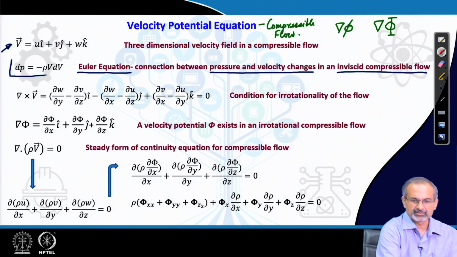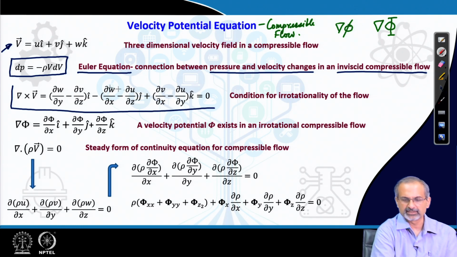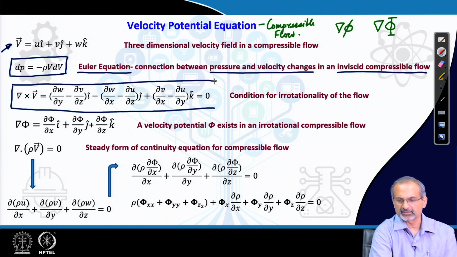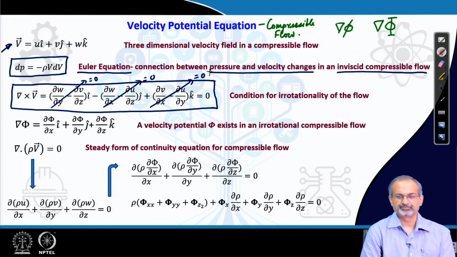We are recalling this equation which we have dealt with earlier. We are also recalling the irrotationality condition, that is the curl of the velocity equal to 0 for a 3-dimensional flow field, which means individually these components have to be equal to 0, only then the flow becomes irrotational.